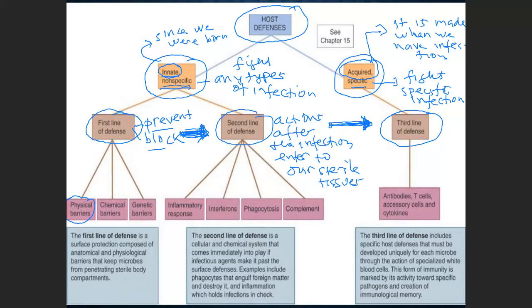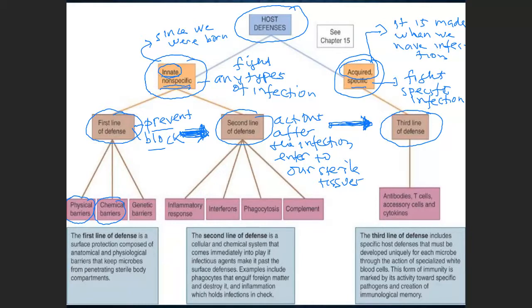It can also be performed by the chemicals that we produce. For example, in our sweat, there is an enzyme, which is a chemical, called lysozyme. And this enzyme is able to destroy microorganisms. The sweat itself is a physical barrier, because when we are sweating, we physically remove some bacteria or microorganisms.